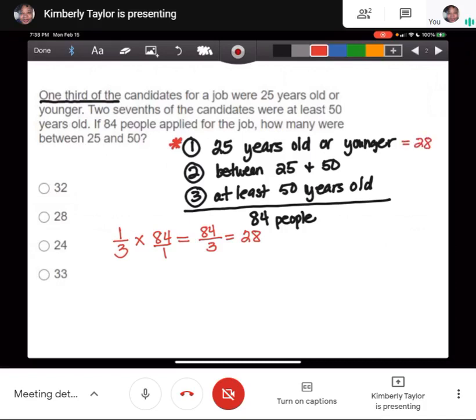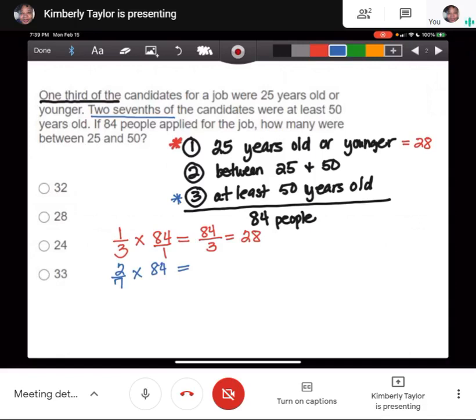So now the other information they gave me was about this age group. It says 2/7 of the candidates are at least 50 years old. So that is going to be 2 over 7 times 84 people. Okay, so I only want a fraction of those people.